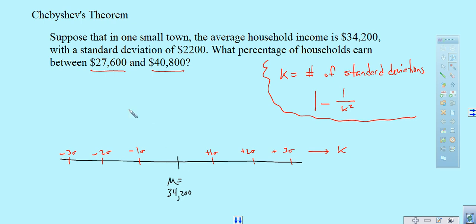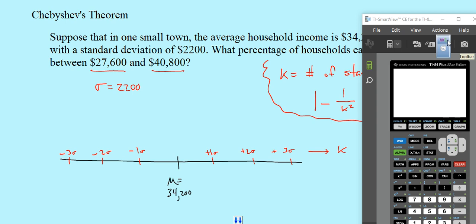Well, I know that 1 standard deviation is 2,200. So to find the first standard deviation above, let me get my calculator out.